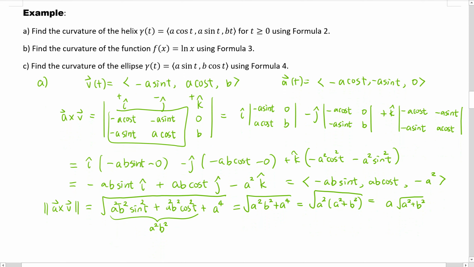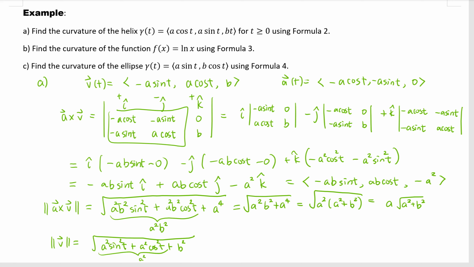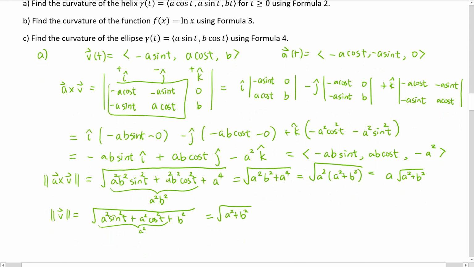Next, for the denominator, we want to compute the speed. The speed is the square root of a squared sine squared plus a squared cosine squared plus b squared. This part is just a squared. So we have the square root of a squared plus b squared. Now, what is the curvature?